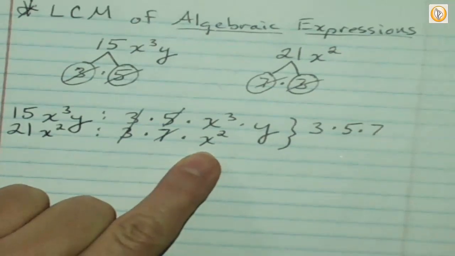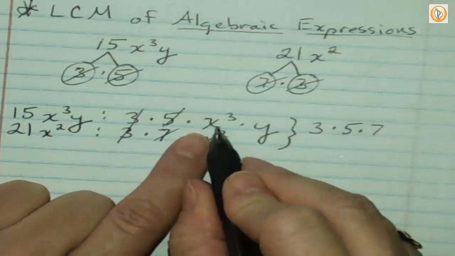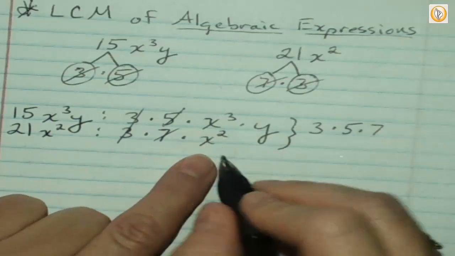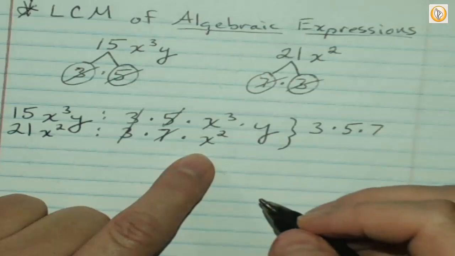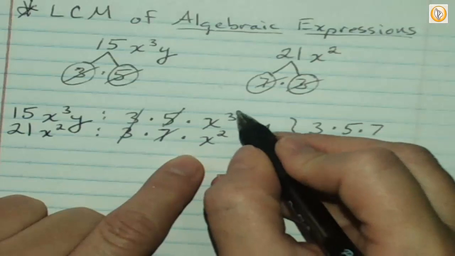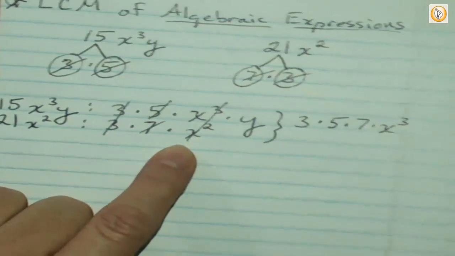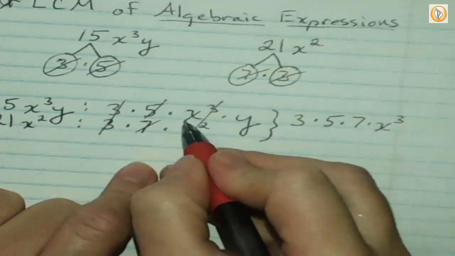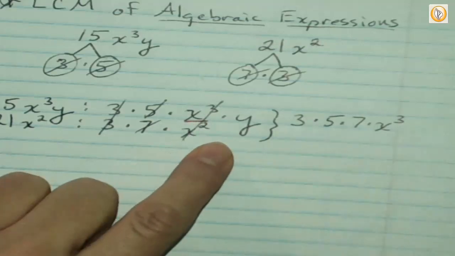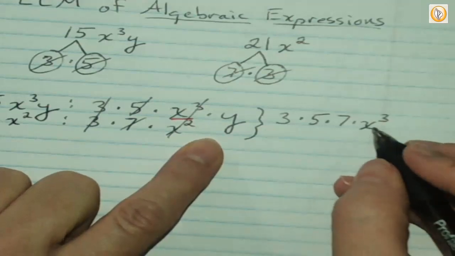Okay, now look at the x's. I have an x to the second power and x to the third power. Izzy, which one would you choose? X to the third power. So I cross those out. X to the third power because it's the highest power. And then do I have any other y's? Boys and girls, do I have any other y's?